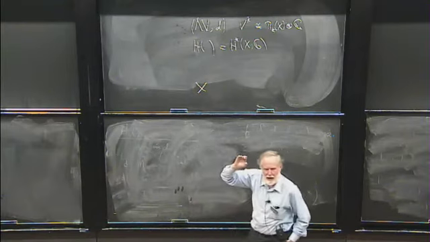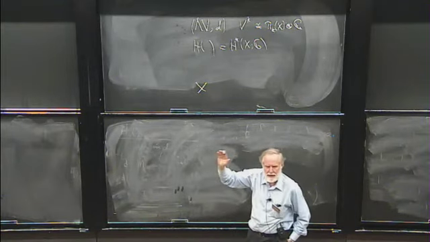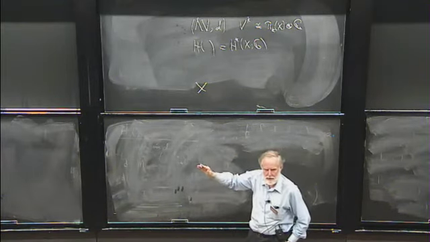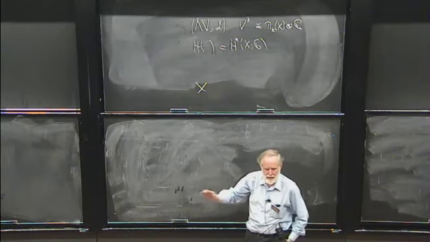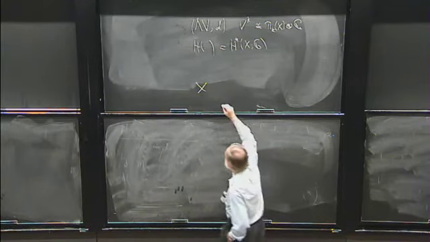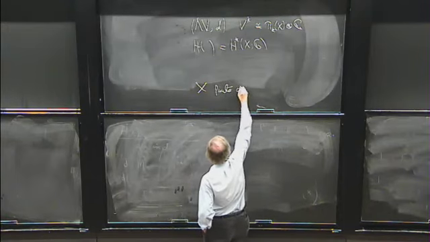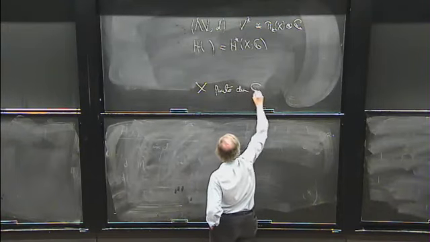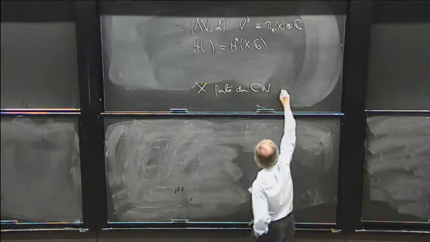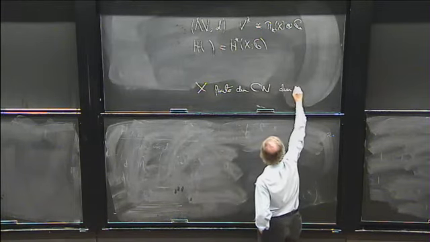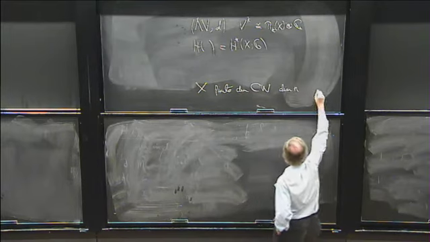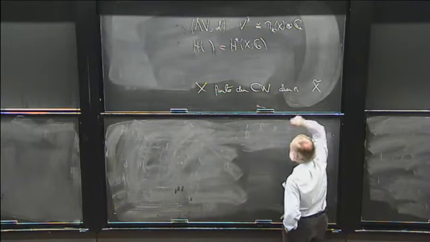X is a finite dimensional CW complex. I didn't say finite, I didn't say simply connected. X is a finite dimensional CW complex of dimension n. Its universal cover is that.